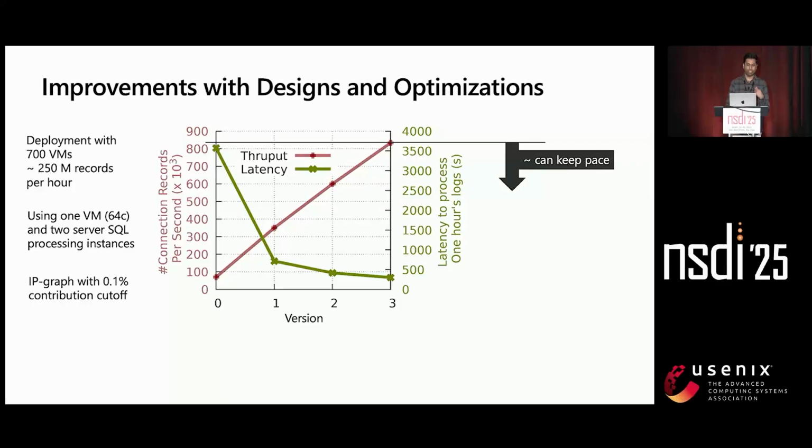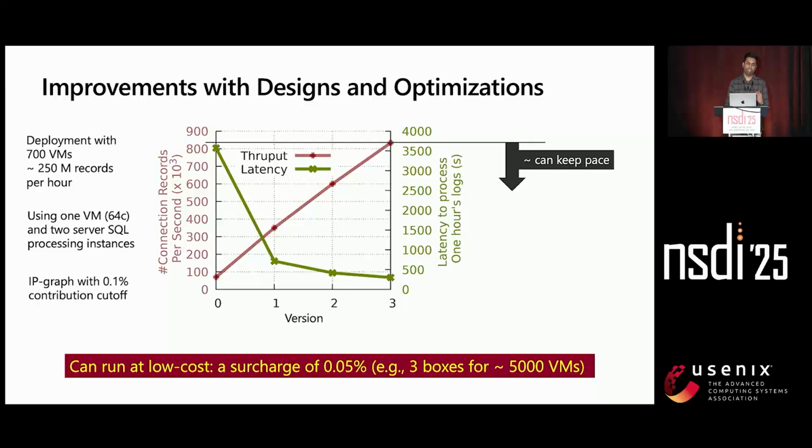We see that latency is dominated by the pre-processing stage, and throughput is dominated by the SQL processing, because the biggest improvement in latency comes from the optimization to the pre-processing stage, and the improvements to throughput come from our SQL optimizations. In total, we improve both throughput and latency by roughly 9x, and we end up with a low-cost solution where the cost is roughly 0.05% of the cost used to run the actual customer workload.